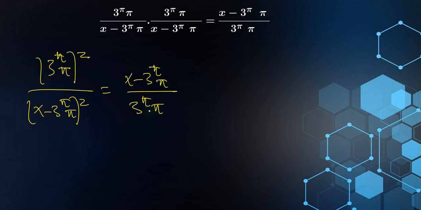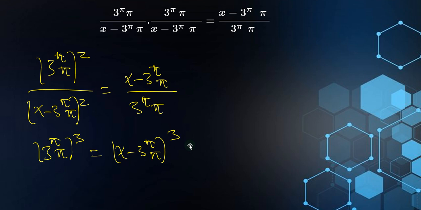Now I'm going to do cross multiplication, and then we're going to have that this is 3 to the pi times pi to the power of 3, right, equals x minus 3 to the pi times pi to the power of 3.